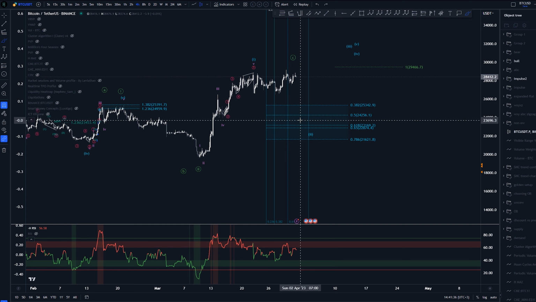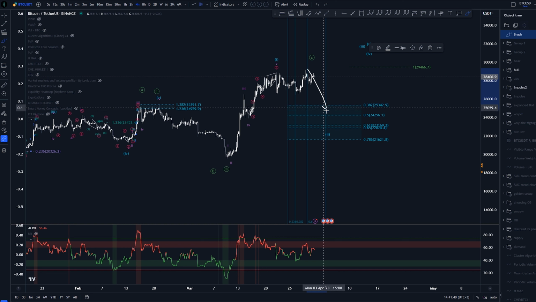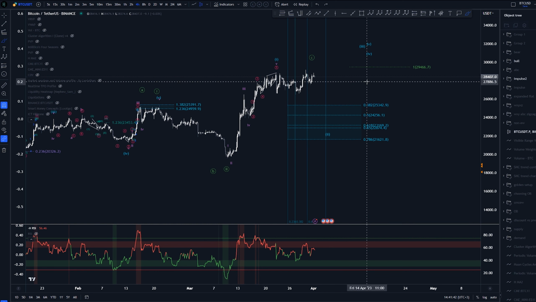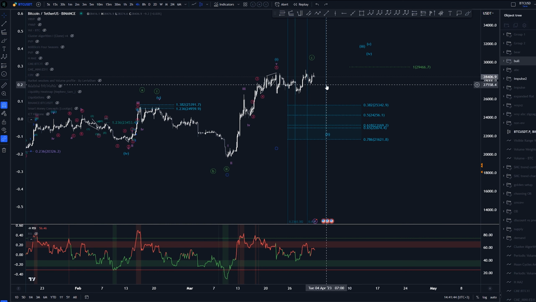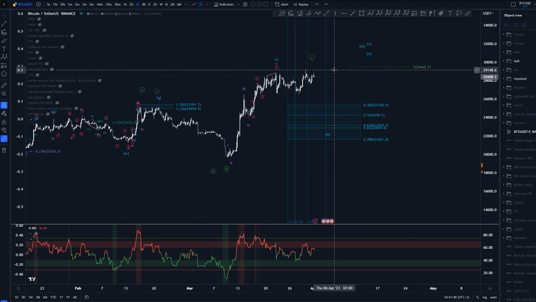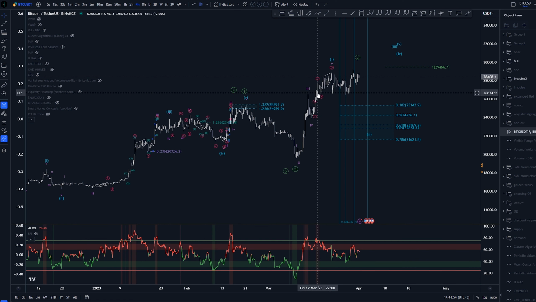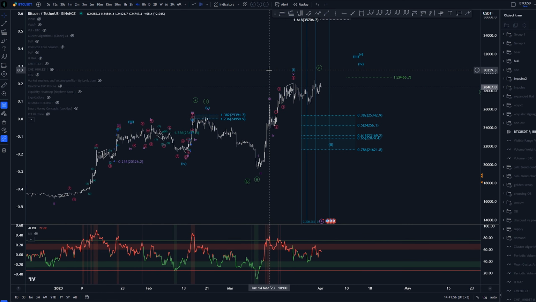But that is one way of labeling this at the end in here, and then we would be looking for a structure coming down. But again, we don't have a direction bias confirmed as of yet. And again, we are still within the same range that we've been in basically since 17th of March. So half a month, a couple of weeks now.